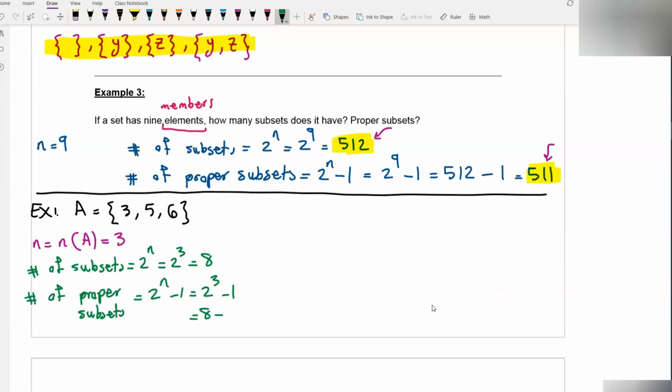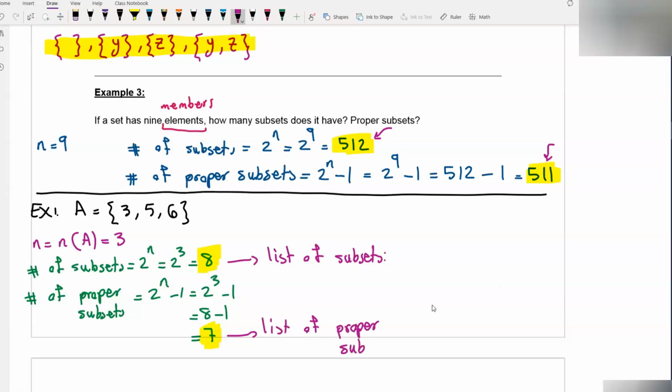So it's 8 minus 1 is 7. Now I'm going to list for each one. Here we have list of subsets. Here I will have list of proper subsets.